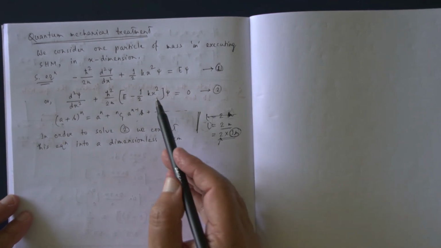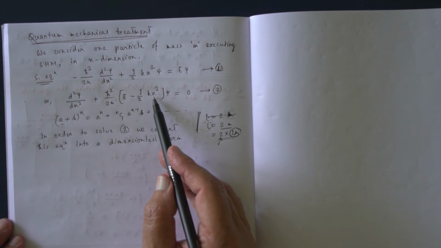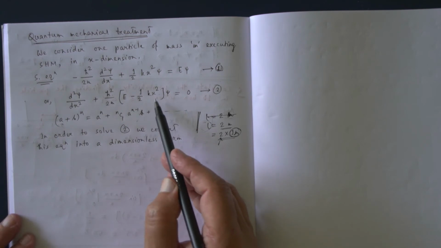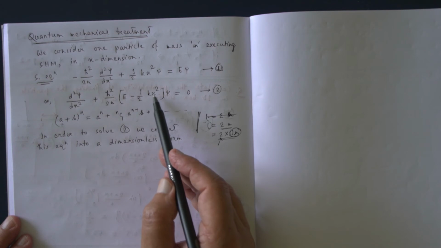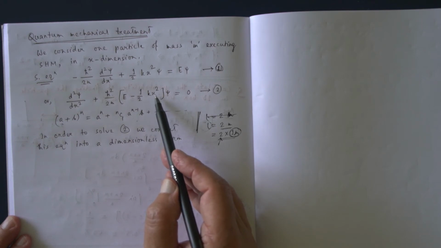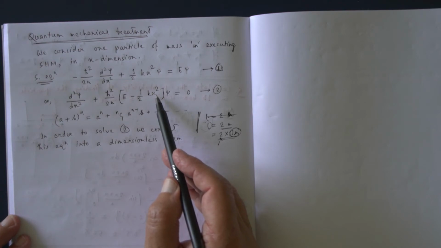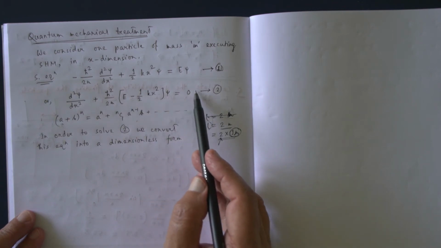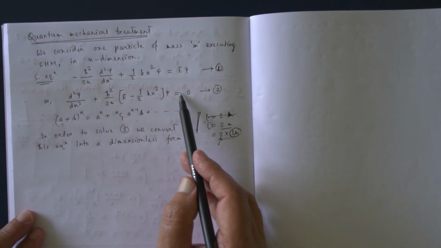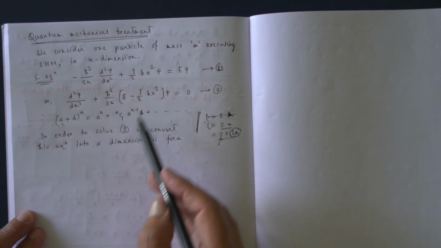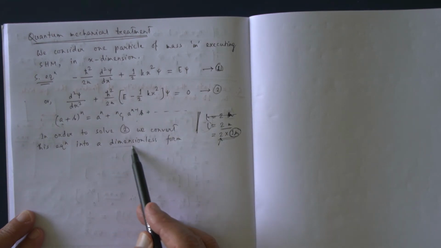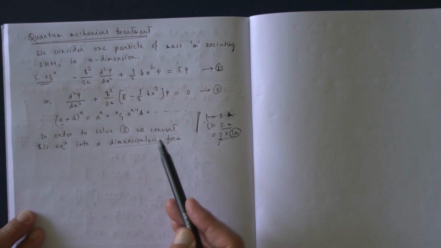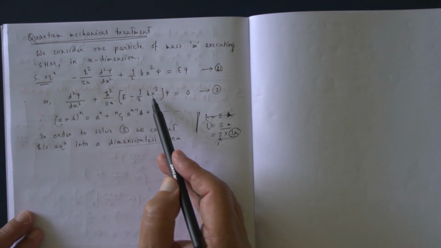That means for x we have to use some dimensionless quantity. Here x has the dimension of meter in SI. But in order to solve this equation using polynomials, we have to use some dimensionless quantity in place of x.